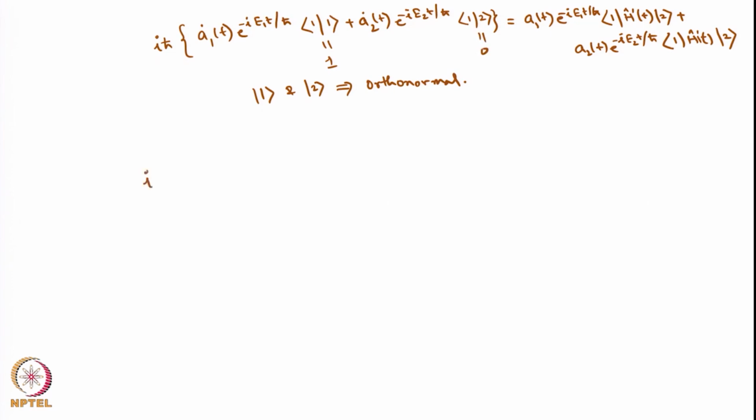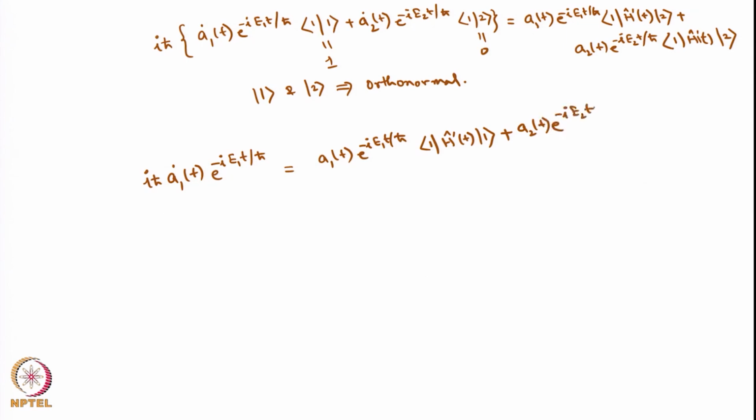So what you get is iħ A1 dot t e to the power of minus iE1t by ħ, that overlap is just 1, should be equal to A1(t) e to the power of minus iE1t by ħ ψ1 H'(t) ψ1 plus A2(t) e to the power of minus iE2t by ħ ψ1 H'(t) ψ2.